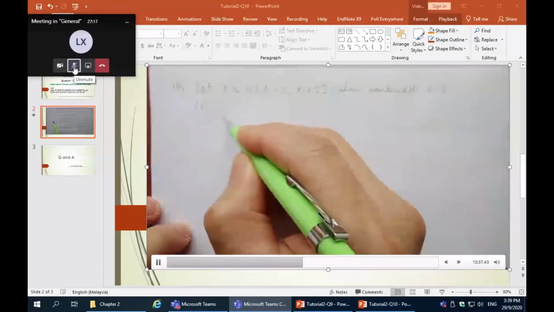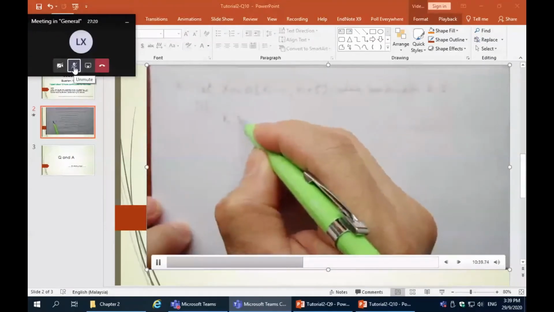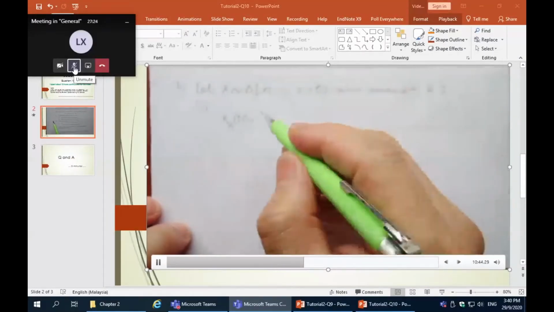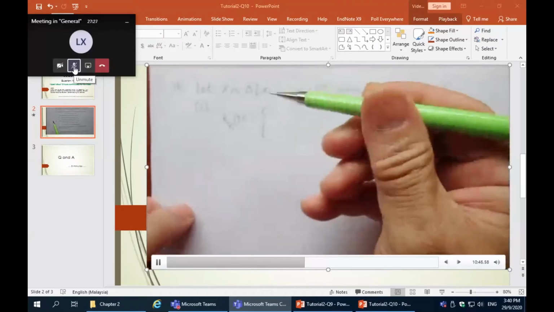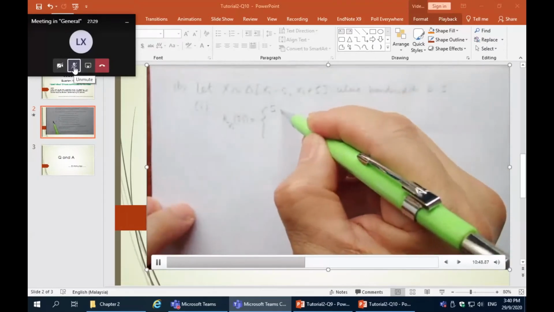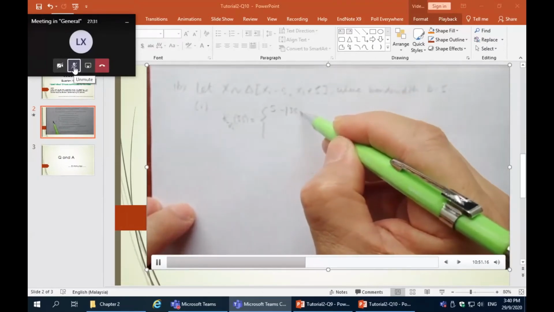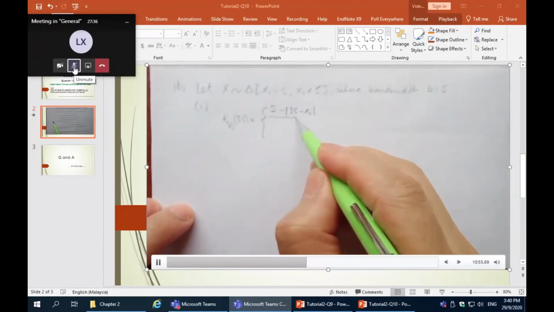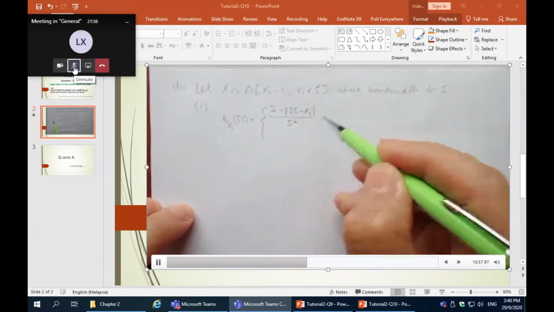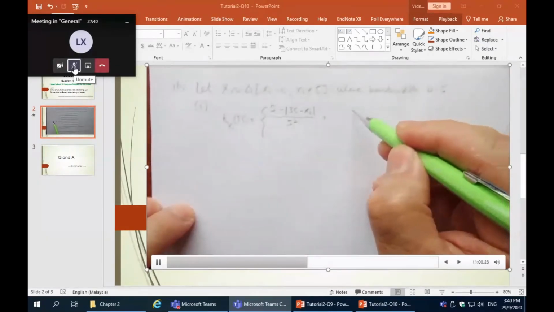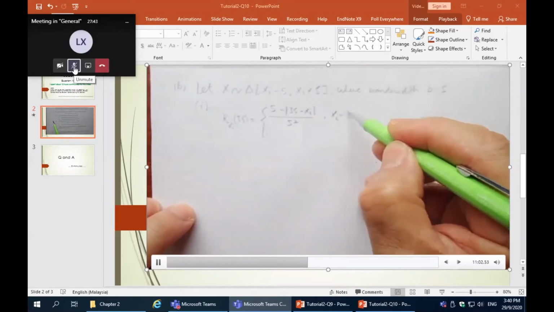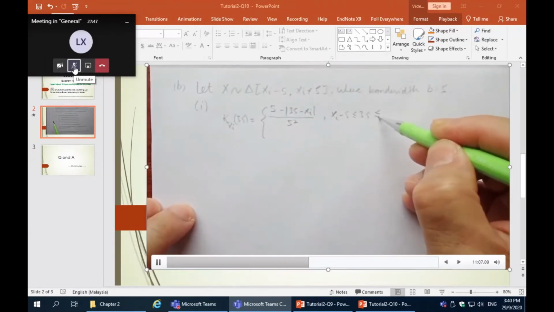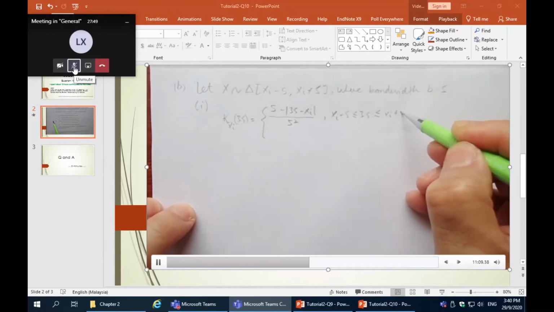So the kernel density at 35 based on xi is given by this piecewise function: 5 minus the modulus of 35 minus xi, divided by 5 squared, in this interval where xi minus 5 is less than or equal to 35, and 35 is less than or equal to xi plus 5.